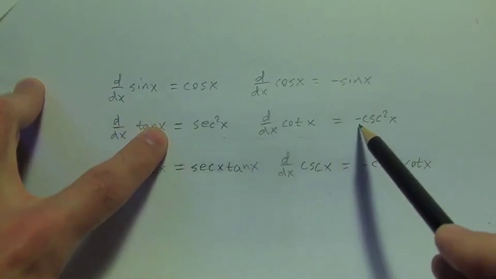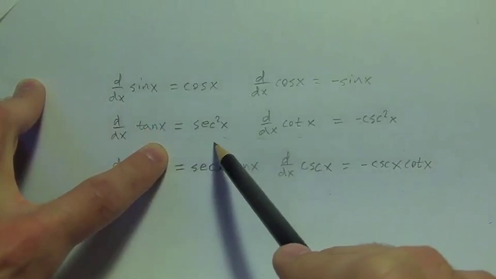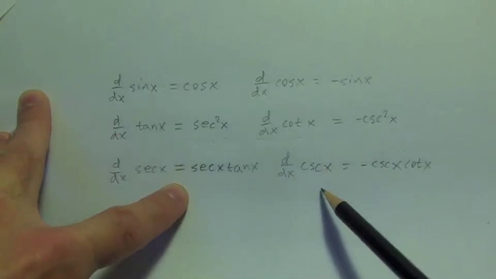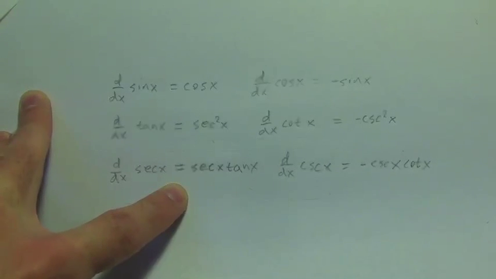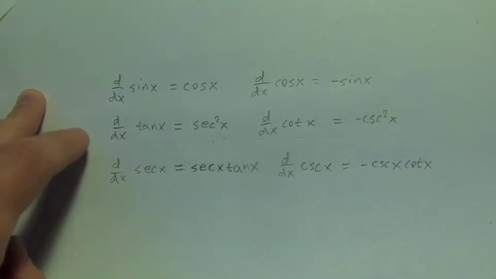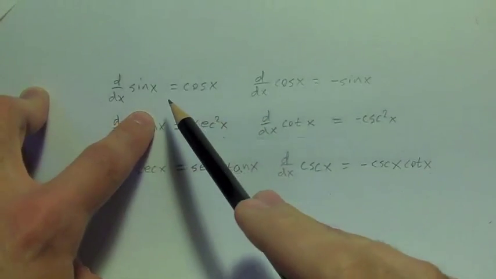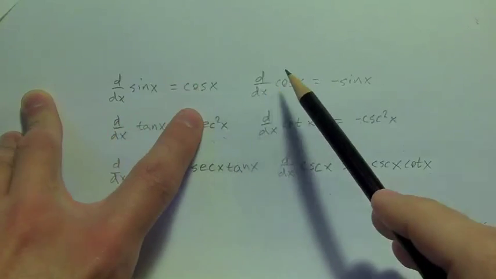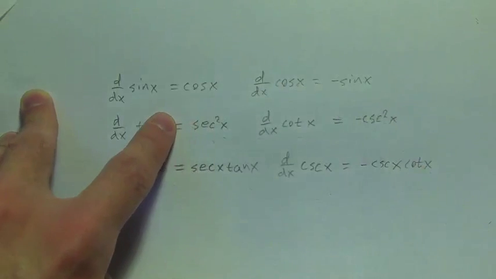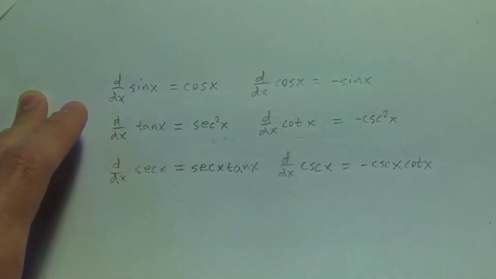It's the same pattern, but instead of secant squared, it's negative cosecant squared. Instead of secant x tangent x, it's negative cosecant x cotangent x. You negate and change to a co-function. That's essentially what you're doing here: the derivative of sine is cosine, but the derivative of cosine is where you negate it and change the co-function back to a normal sine.